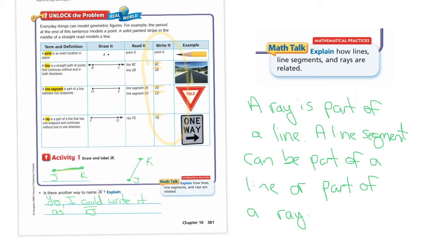So again, you have the big line, and rays and line segments relate to the big line because line segments can be a part of or focus in on a particular section of a line. And a line segment can also focus on part of the line or ray as well.